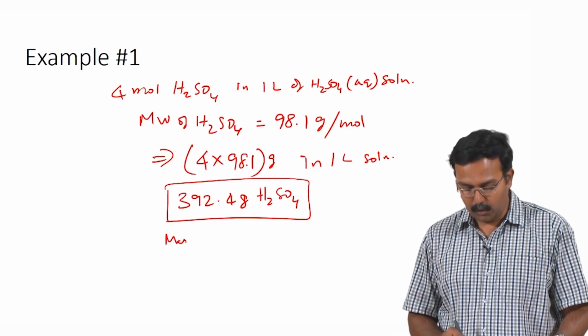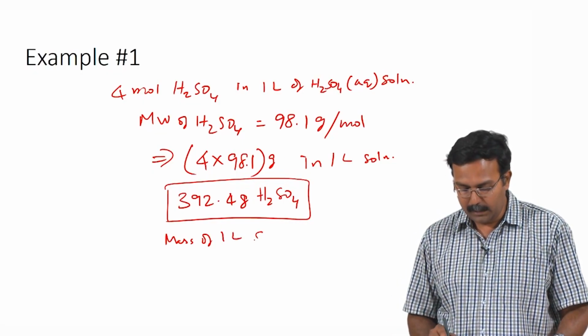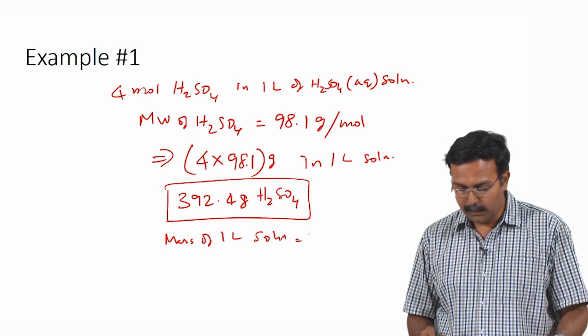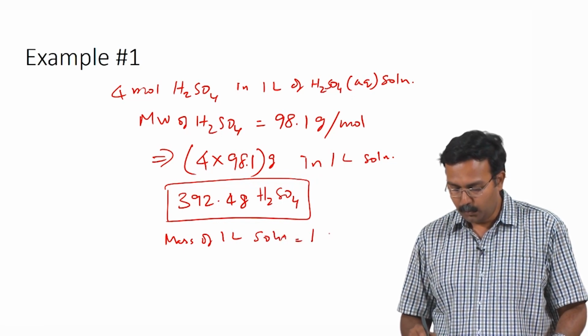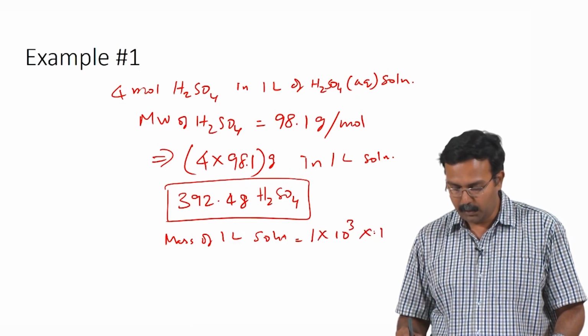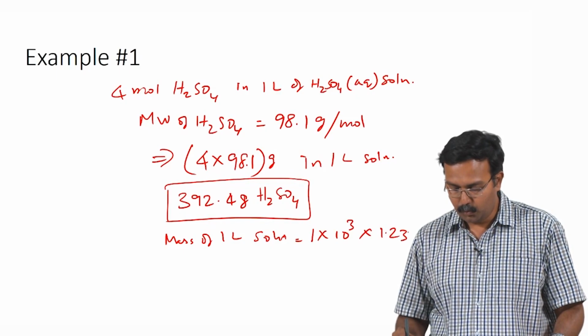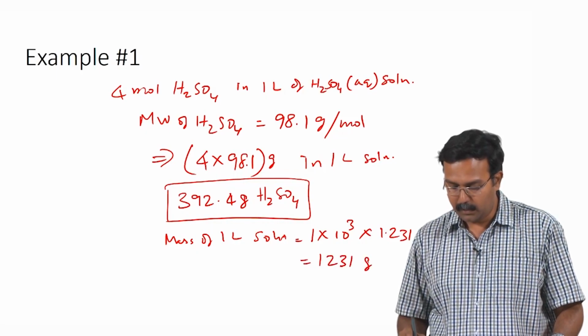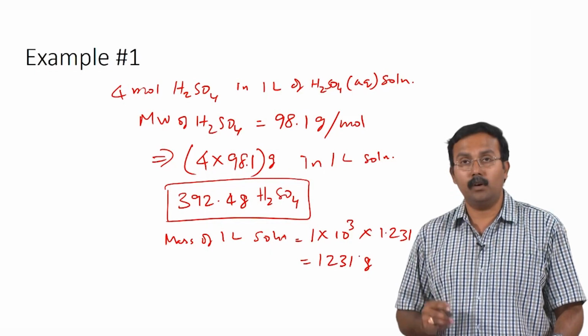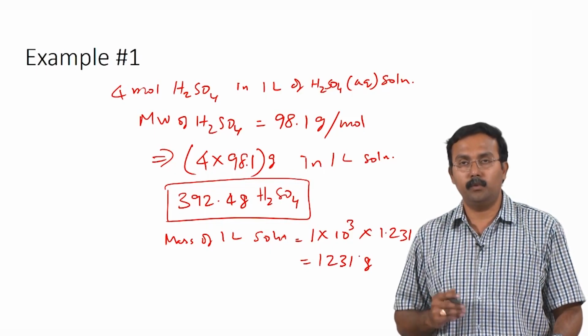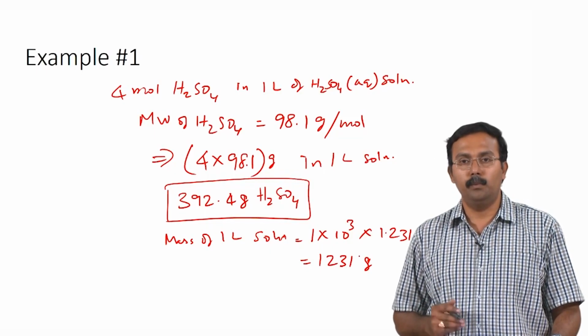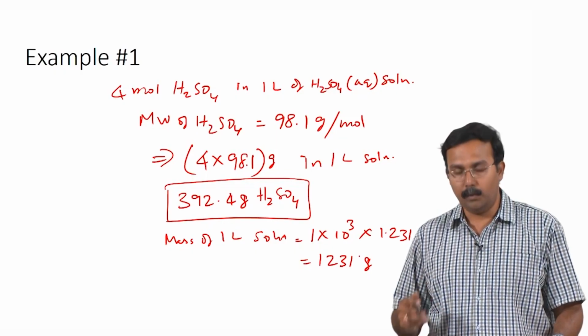So mass of 1 liter solution would be equal to 1 times 10 power 3 times 1.231, which equals 1231 grams. So 1 liter of 4 molar H2SO4 solution would weigh 1231 grams.